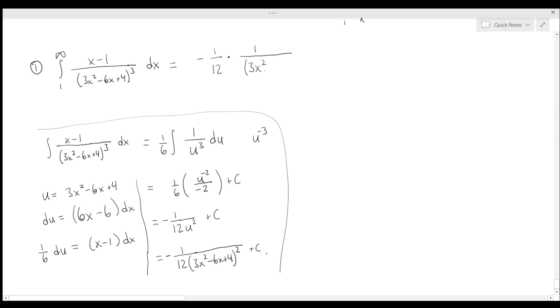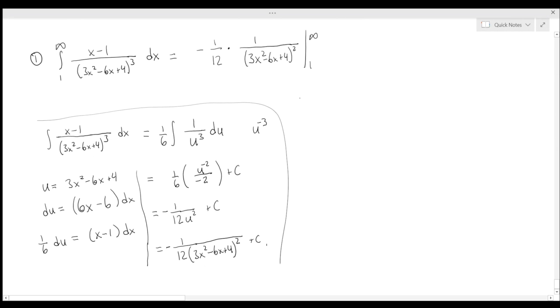That's not really a big deal. All right, and then we want to evaluate from 1 to infinity. And remember that to evaluate at infinity, you're supposed to write it formally as a limit. So I'm going to do that next.